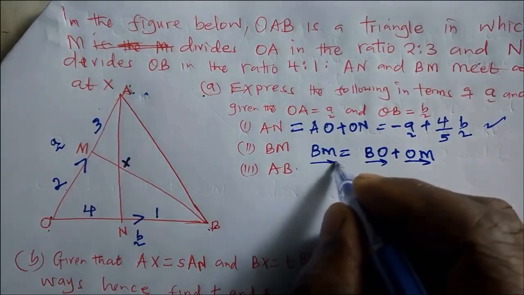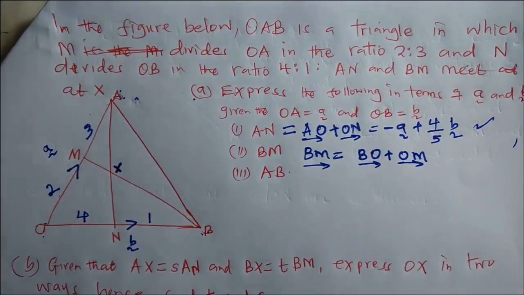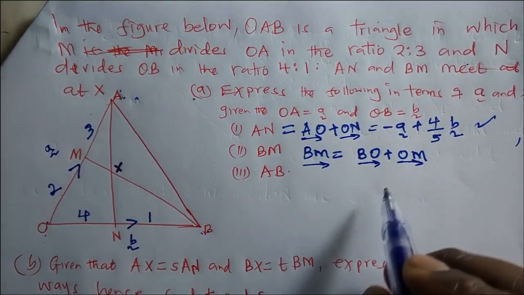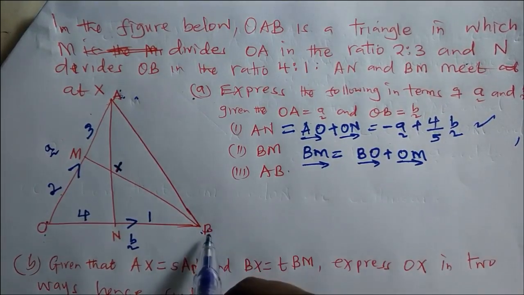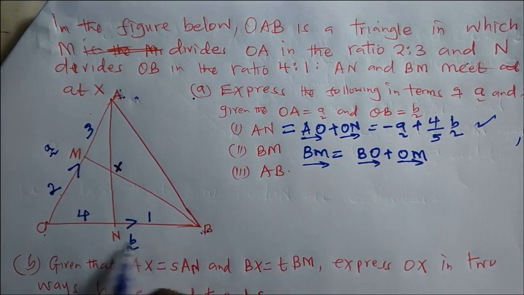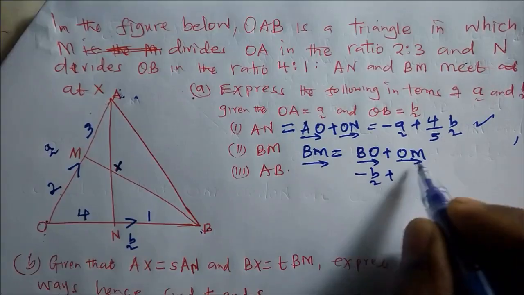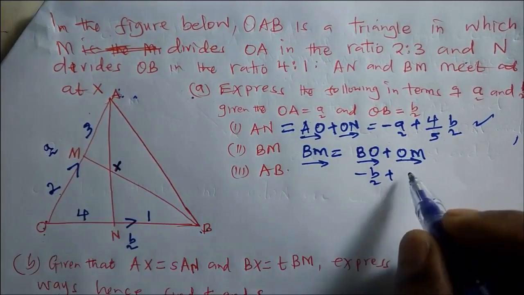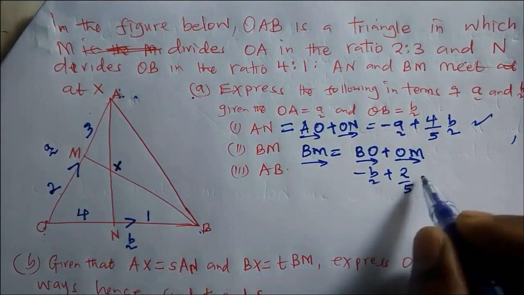It is important you put an arrow like that to show that we are going in that direction. So BO, we are going against B, therefore it is minus B, plus OM. OM is 2 over the total 5, vector A.